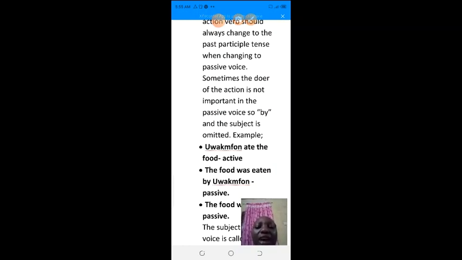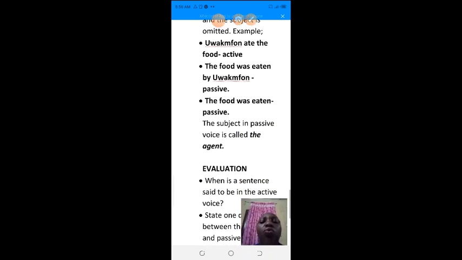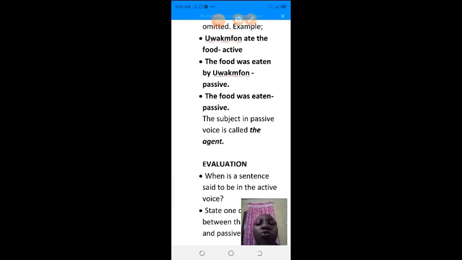Example, if I have an active sentence as Wangfeng ate the food. In the passive, it is the food was eaten by Wangfeng, correct? What if we don't really want to know who ate the food? We don't want to know who carried out the action.